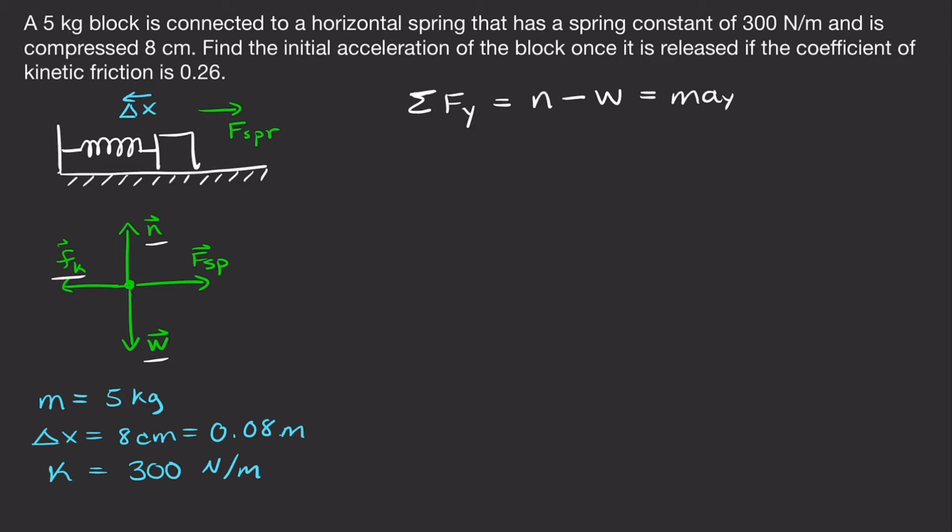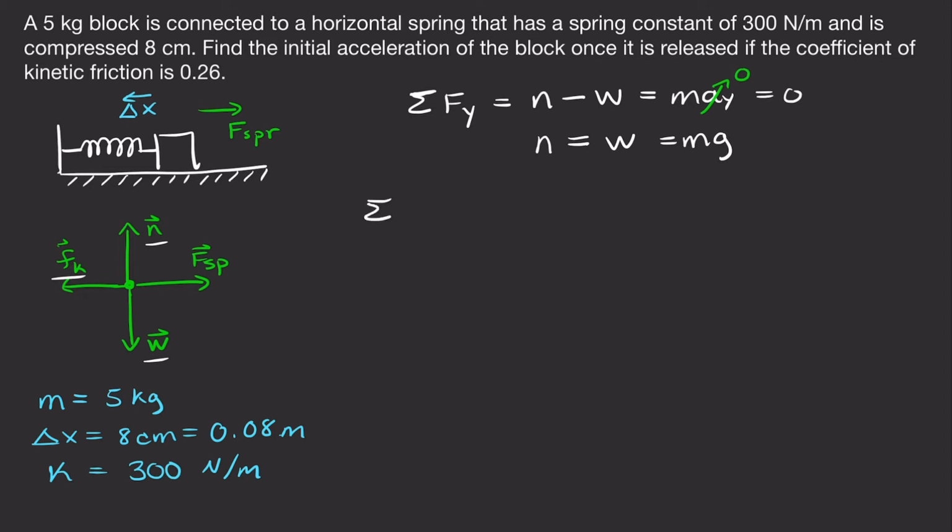Okay, so this block isn't going to accelerate up off the floor in the positive y direction or through the floor in the negative direction. So the acceleration is going to be 0, and all of this is going to equal 0. And this just tells me that the normal force is going to equal the weight when I move it over, or the normal force is equal to mg.